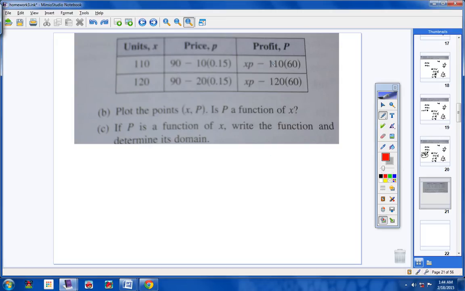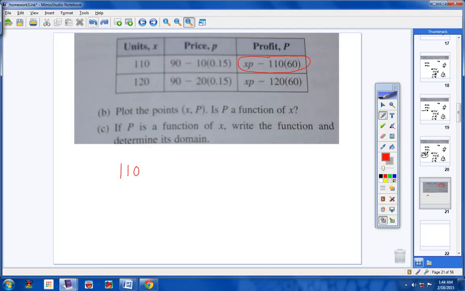Well, here's the profit P function right here. So, in this case, for x, we're going to put 110, times, now look carefully, x, P comes next, which is this whole thing right here.